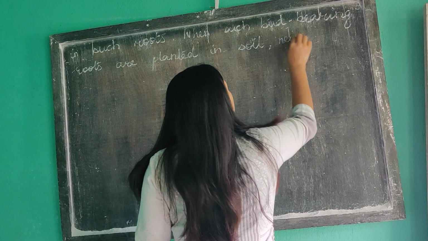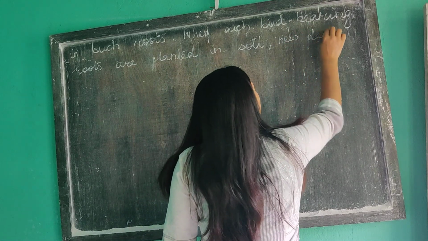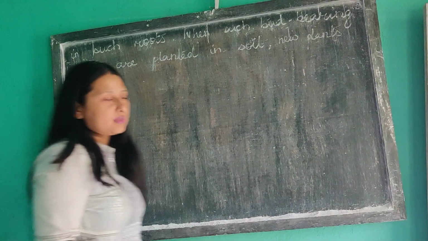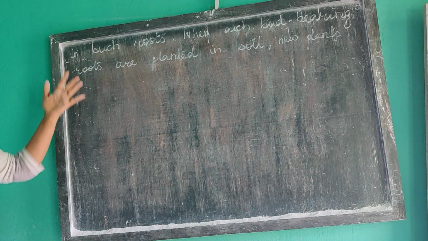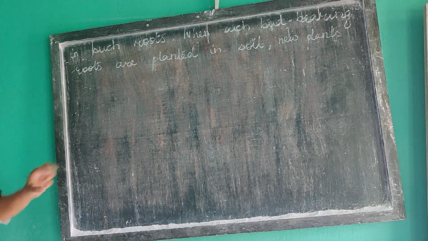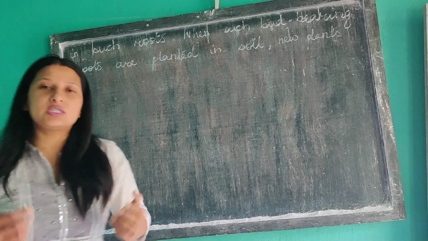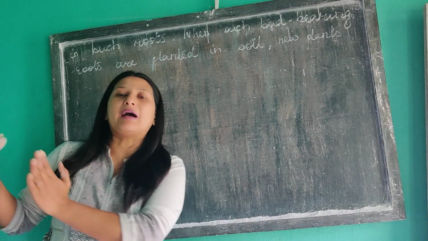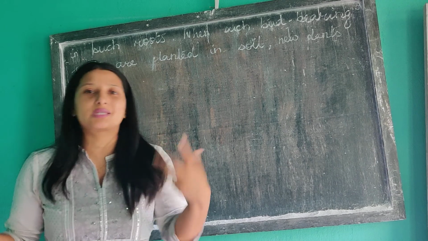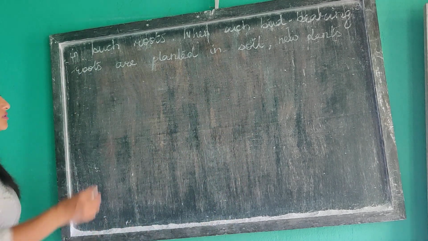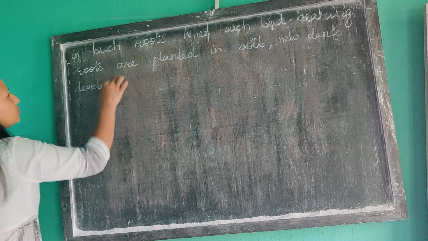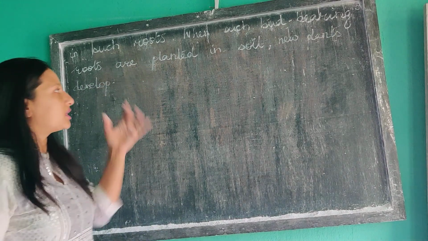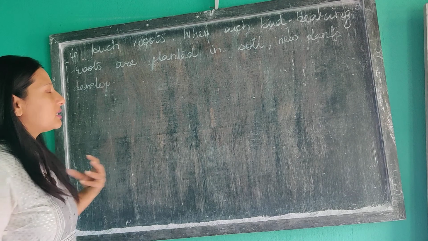So from the roots you can see the plants are developing. Such reproduction is vegetative propagation. When reproduction takes place from parts of a plant like the roots, stem and the leaves, that is vegetative propagation. Here from the roots new plants are developing, so reproduction has taken place.